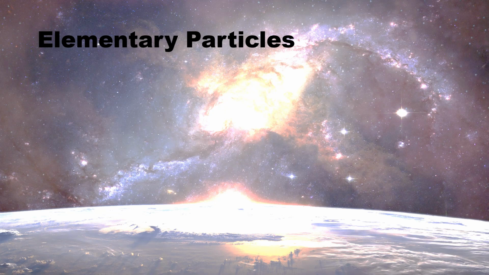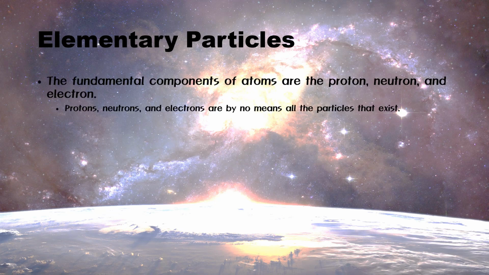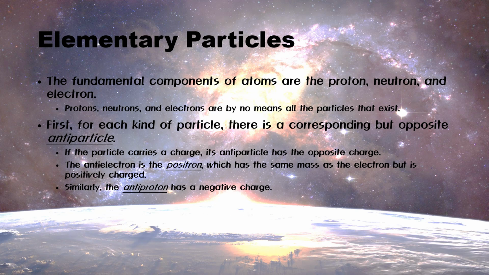So the very first thing we need to understand when we start talking about converting mass into energy is this idea of elementary particles. The fundamental components of atoms are, of course, the proton, the neutron, and the electron. Now, these are very fundamental elements, but these are by no means all the particles that exist. First off, for each type of particle we have, there's a corresponding opposite antiparticle.